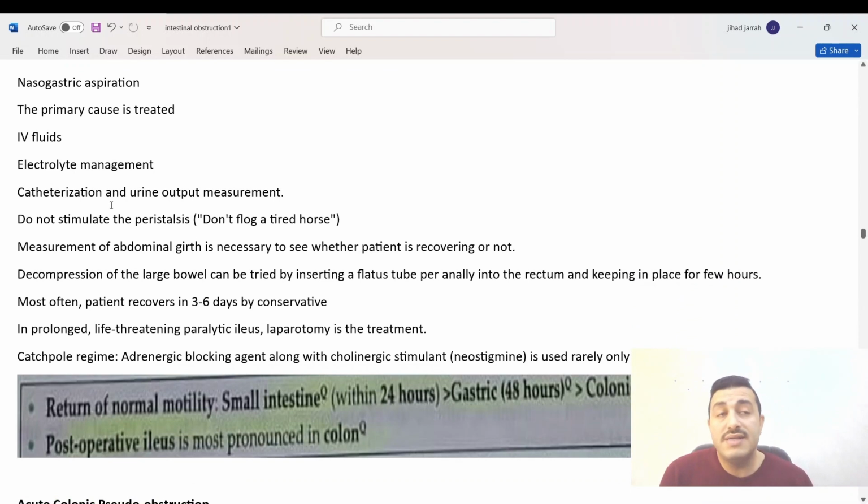Okay, catheterization to measure the urine output. And here they do not stimulate peristalsis. Do not give, for example, metoclopramide or neostigmine to stimulate the peristalsis. Here a nice proverb: do not flog a tired horse.